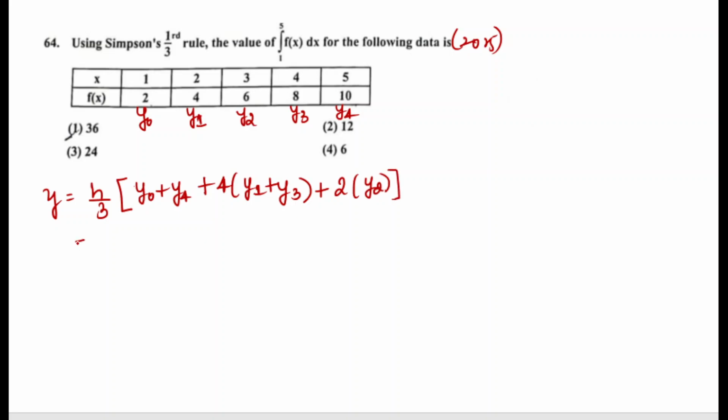Yes, now substitute the terms, it will be h. What is the h value? You can find the difference here. 2 minus 1 is 1, 3 minus 2 is 1, 4 minus 3 is 1, like that.